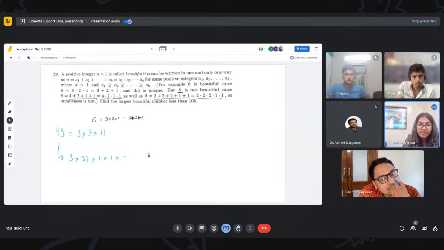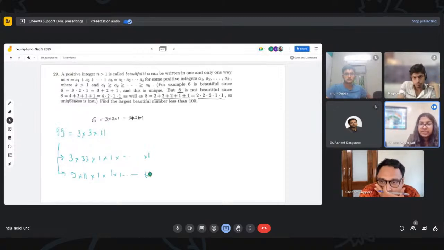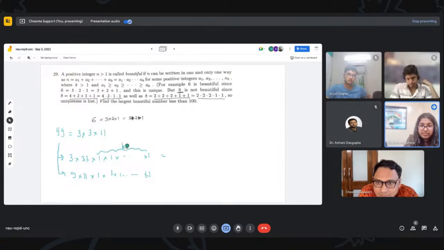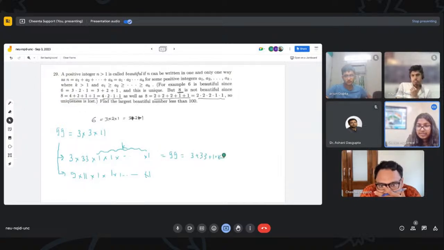And the other way could be 9 times 11 times a lot of ones. Since we have no restriction on the number of ones we can use, if there are k ones, then 99 equals 3 plus 33 plus 1 times k, implying k equals 63.